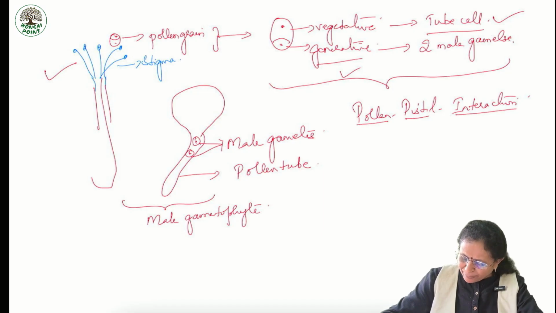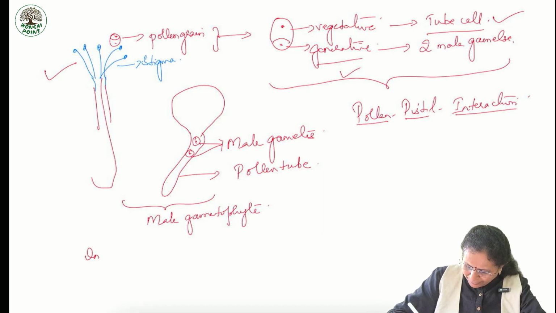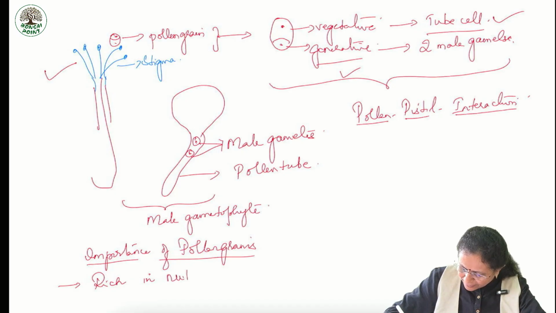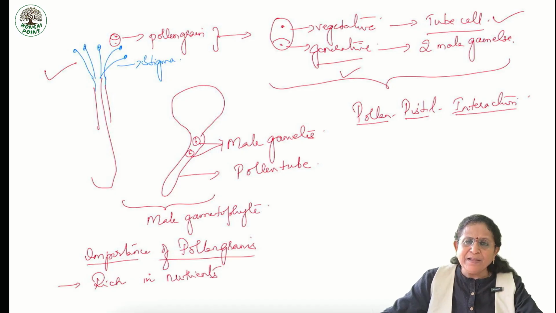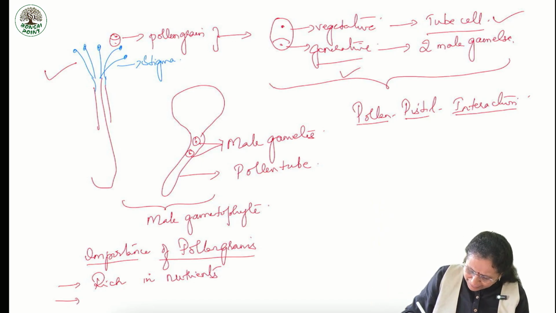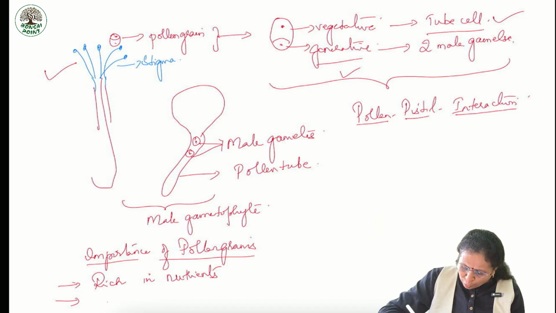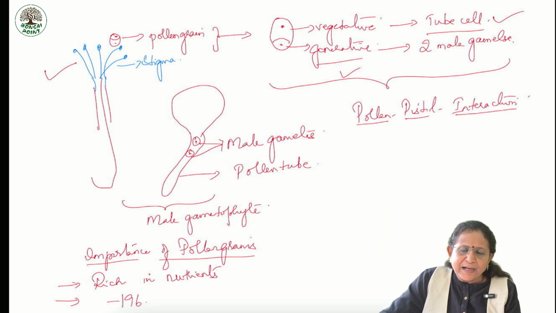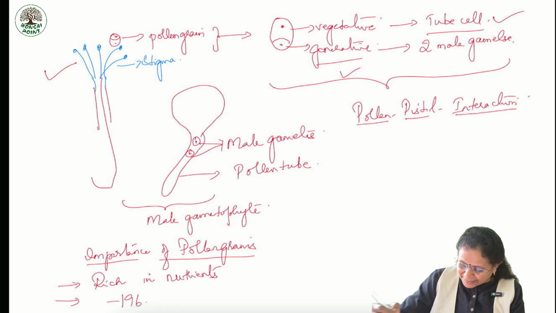Yes students, please remember the importance of pollen grains. Pollen grains are rich in nutrients, thereby they are used as an additional food supplement. Second, pollen grains can be stored for many years in liquid nitrogen, that is at minus 196 degrees centigrade.